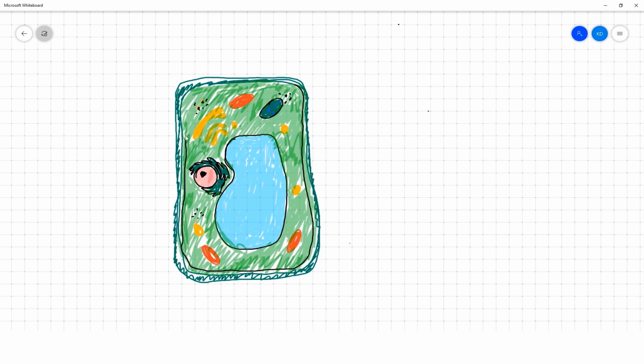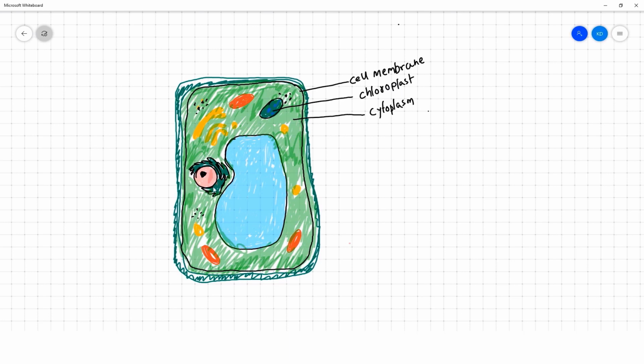Now this is the cell membrane, and this is cytoplasm. And this is the chloroplast.